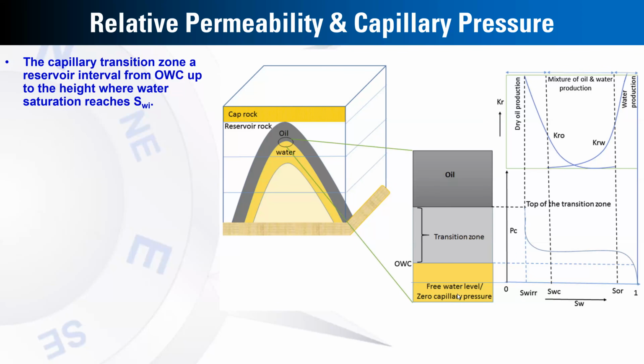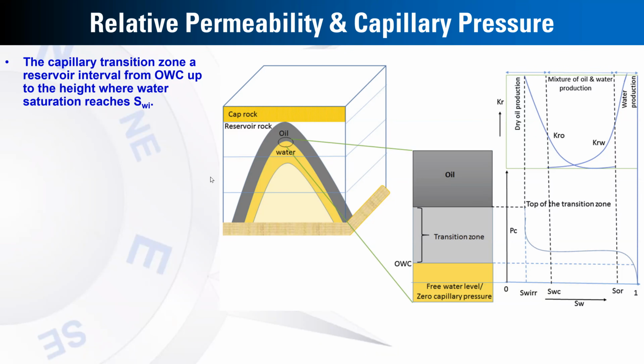The thickness and height of this transition zone is controlled by what we call the capillary pressure. So capillary pressure controls the height of the transition zone between oil and water and defines what we call the height above the free water level. The free water level, or FWL, is an imaginary level at which capillary pressure equals 0.